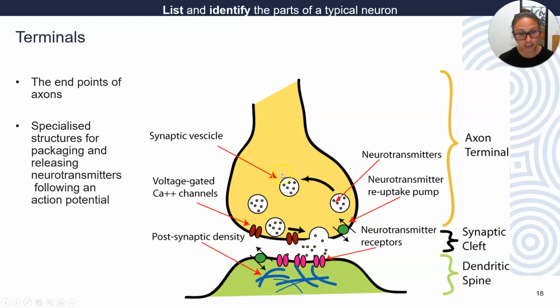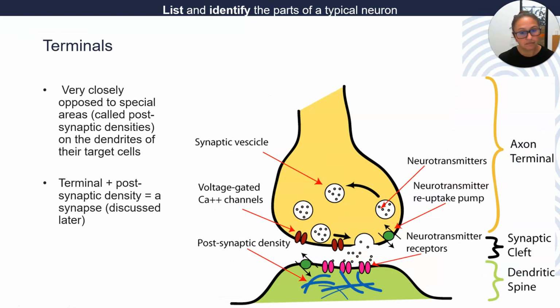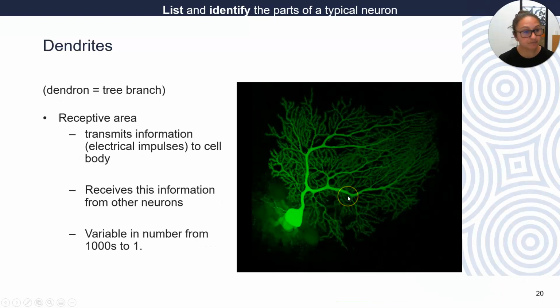But just for now, this little spot is how one axon communicates with the next one along the chain. As I said before, we can look at synaptic transmission later, so don't worry too much about that now.